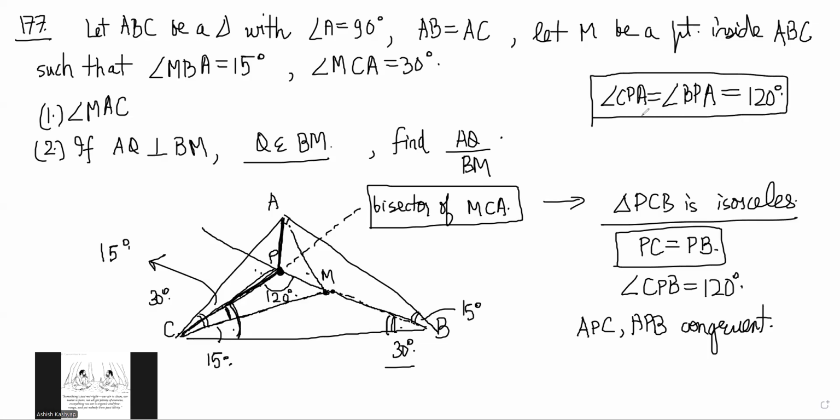Do you understand why all are 120? Because there are three angles adding up to 360, right? We have shown that CPA and BPA are same, and this was 120. So obviously every angle is 120. Now CPA is 120 and this is 15. So I know this much is how much? 45. Right? Is that clear? This is 45. Yes, sir.